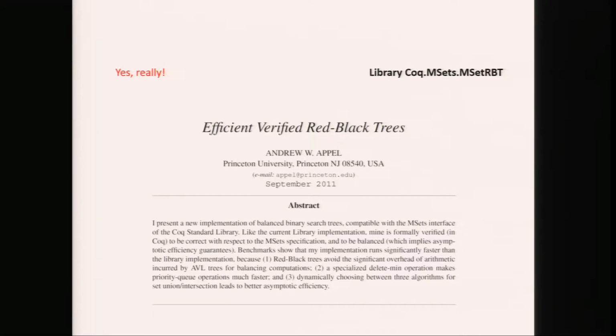But you don't have to see the tech report. You can just use it. It's in the Coq library, coq.msets.msetRBT. Has all the usual operations on red-black trees, plus delete min for use as a priority queue, plus union and intersection, right?